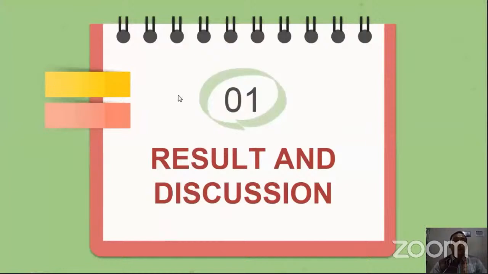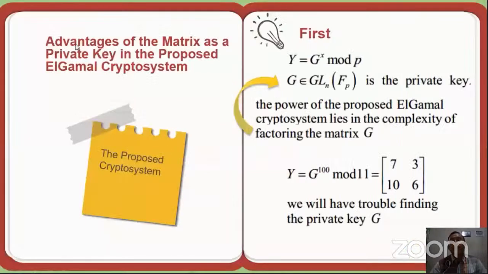Next, we have result and discussion. The first is the advantage of the matrix as a private key in the proposed ElGamal crypto system.